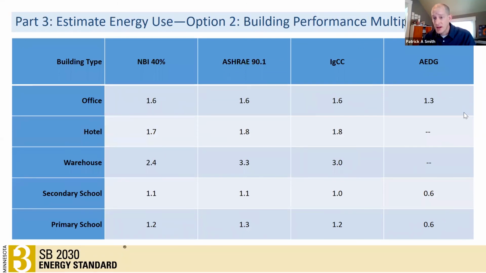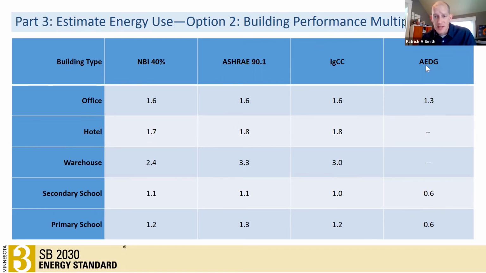The multipliers vary quite a bit between which targets are being selected. And note here, the AEDGs, these Advanced Energy Design Guides, get you the farthest amount of the way there, especially on secondary schools and primary schools, where you're actually under the SB 2030 target if you select an Advanced Energy Design Guide without bringing on any renewable energy.